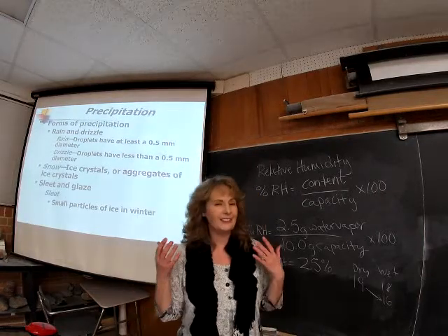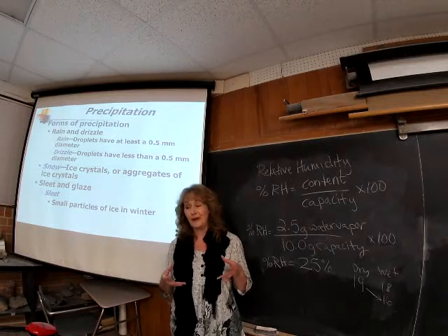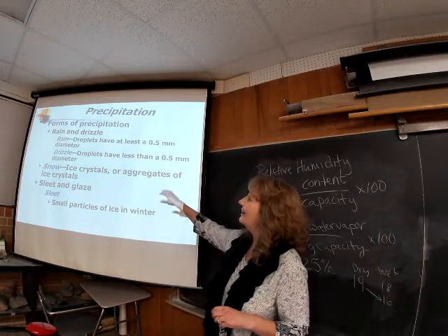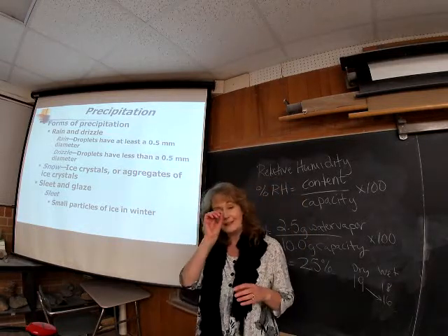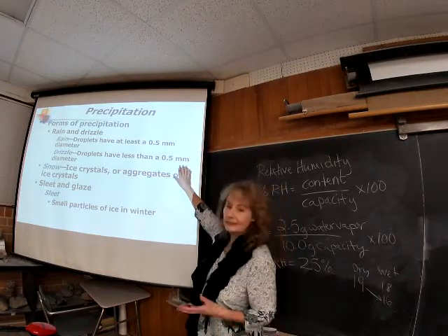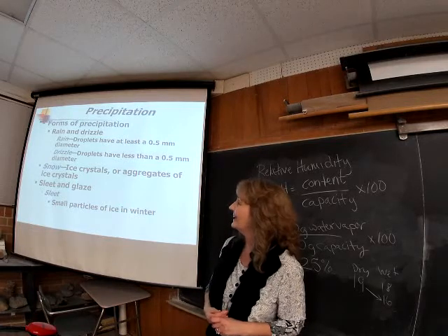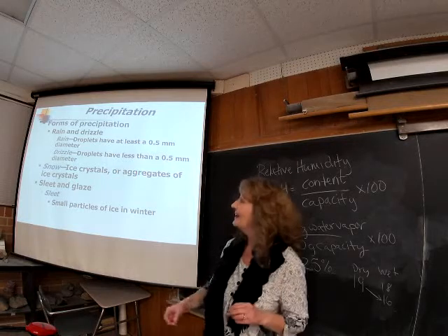So there's the technicality on what's a rain droplet and what's a drizzle droplet. Either way, you're going to get wet, right? But the rain droplets have at least a 0.5 millimeter, like half a millimeter diameter. Drizzle is less than 0.5 millimeter diameter. So there's just a little size difference there, but again, you're going to get wet in either case.